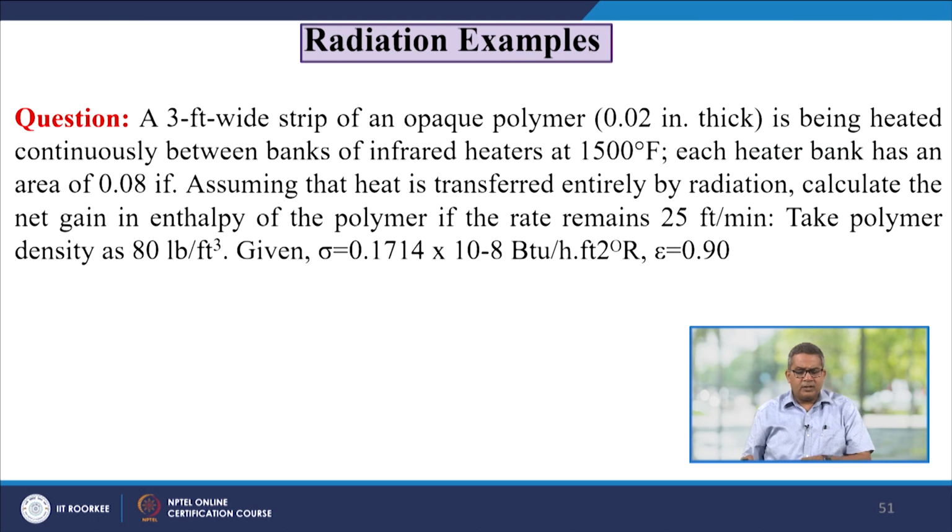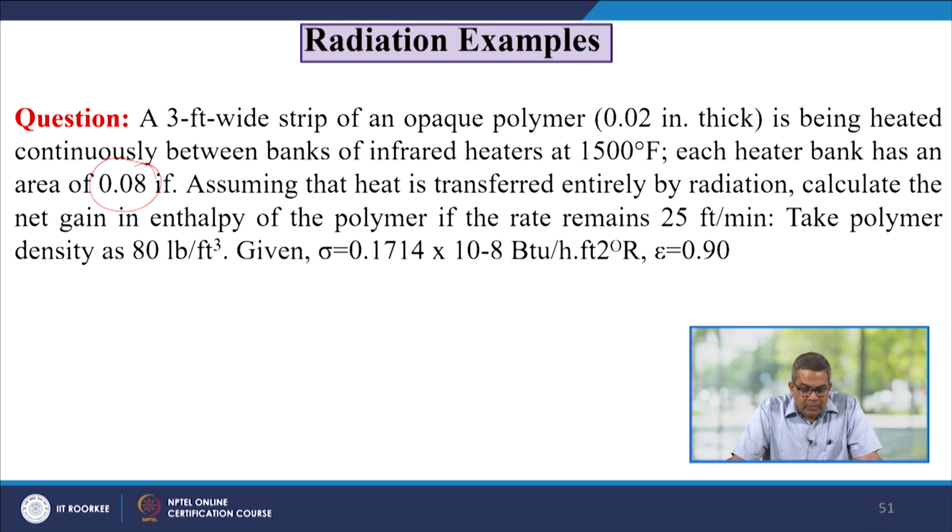Now, let us take another example of radiation. A 3 feet wide strip of an opaque polymer, which is 0.02 inch thick, is being heated continuously between the banks of infrared heaters at 1500 Fahrenheit. Each heater bank has an area of 0.08.